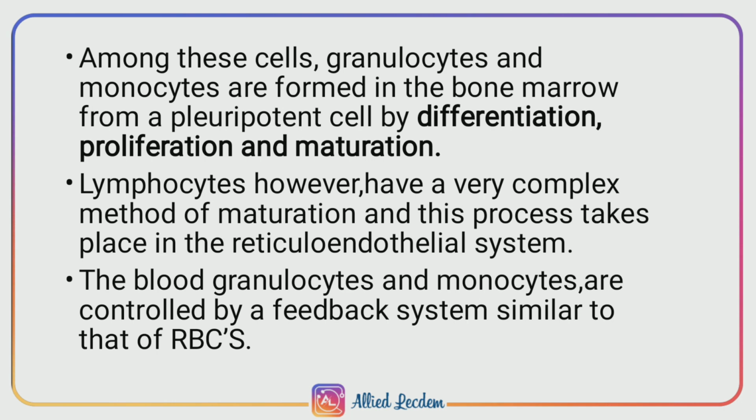So it takes place in 3 phases, that is differentiation, proliferation, and maturation. The maturation process of lymphocytes is a very complex method, and it takes place in the reticuloendothelial system. The blood granulocytes along with monocytes are controlled by a feedback system which is similar to that of RBCs, as in the erythropoietic system.